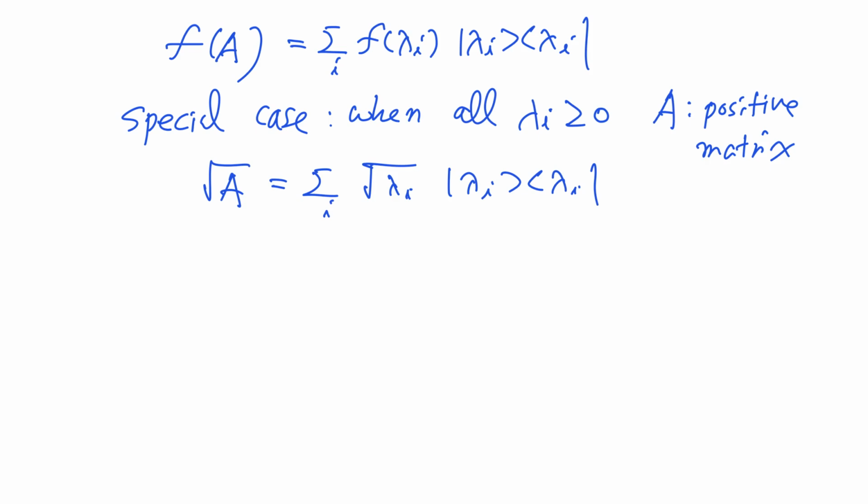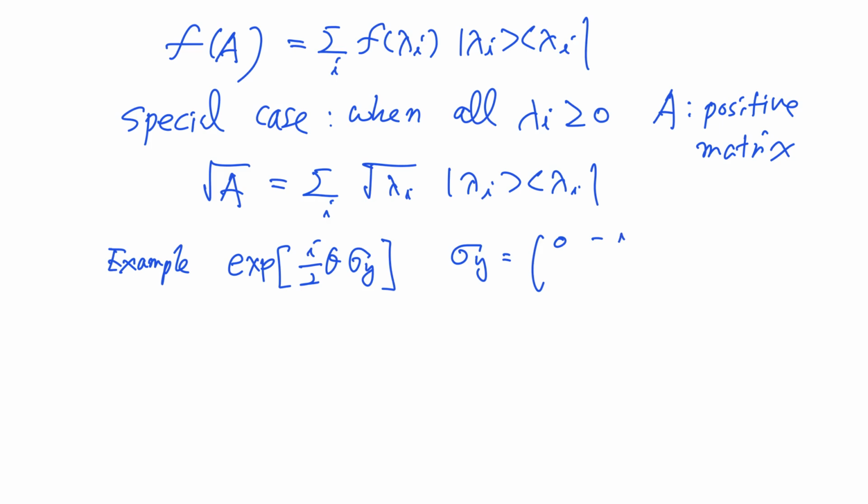So let's calculate, for example, the exponential of zeta sigma y. So sigma y is a Pauli matrix, 0, minus i, i, 0.